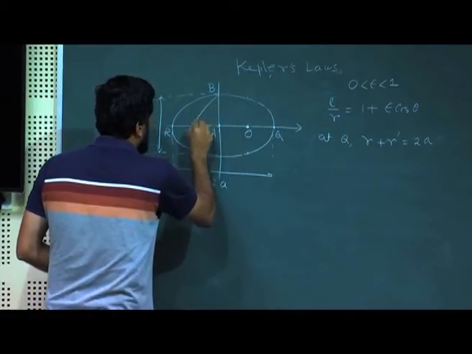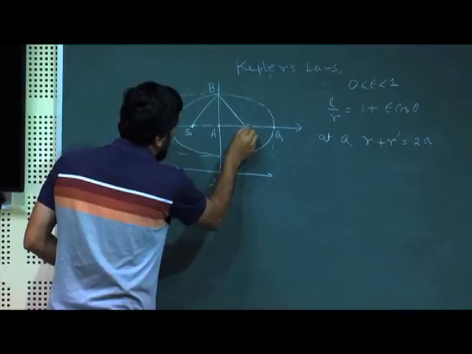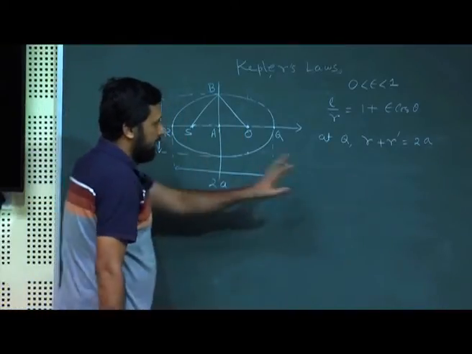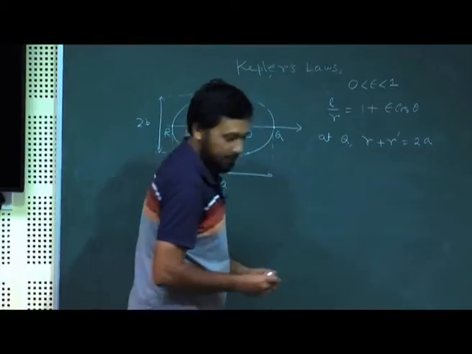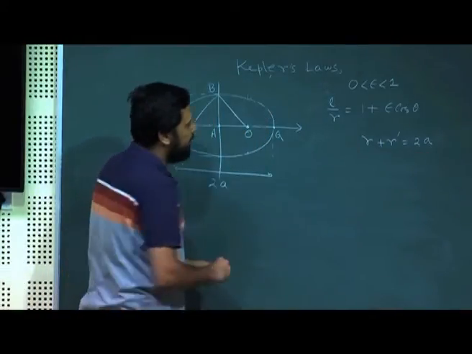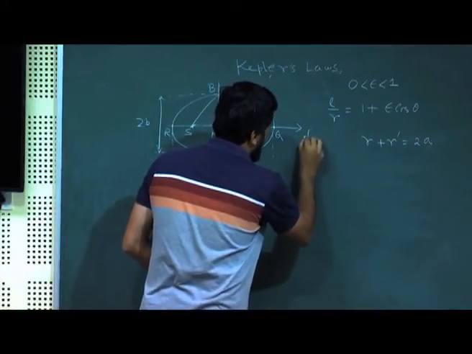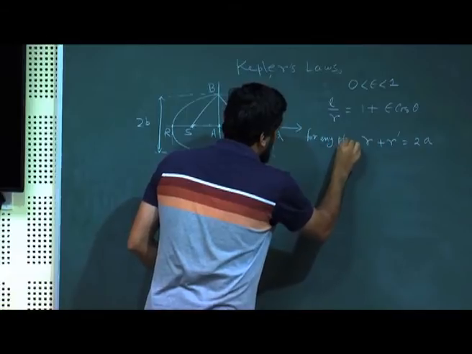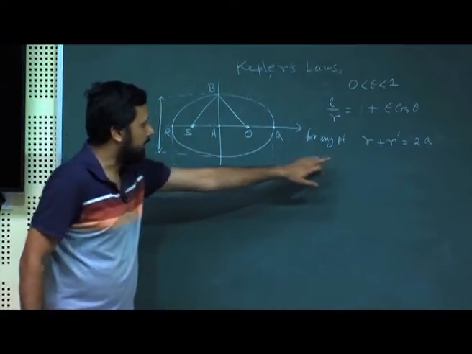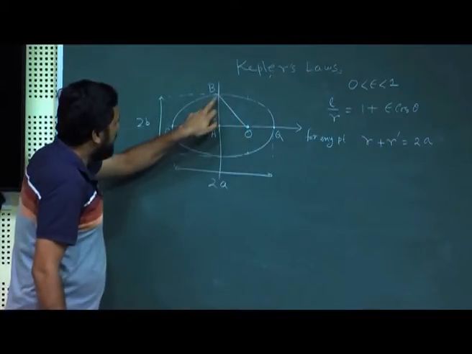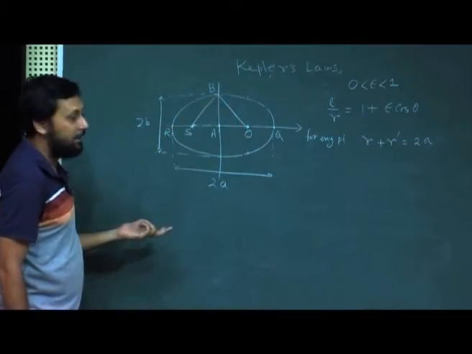Now, let us consider this point. As I said, this relation is valid not only for this point Q, but it is a general relation for any point on this elliptical path. So, for this point B, this is also generally true.